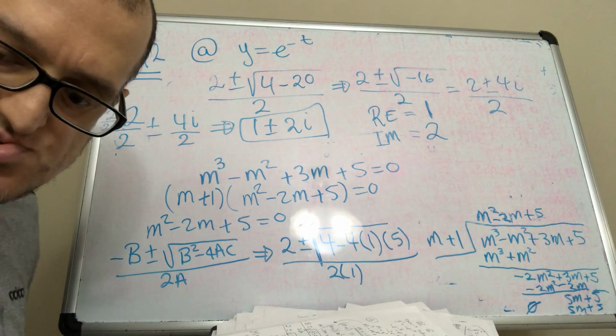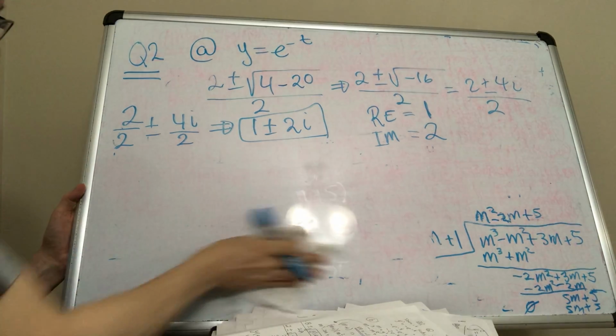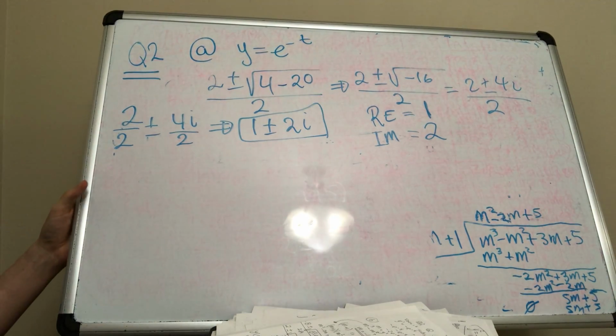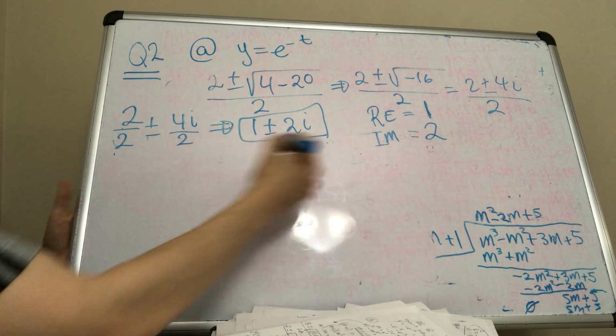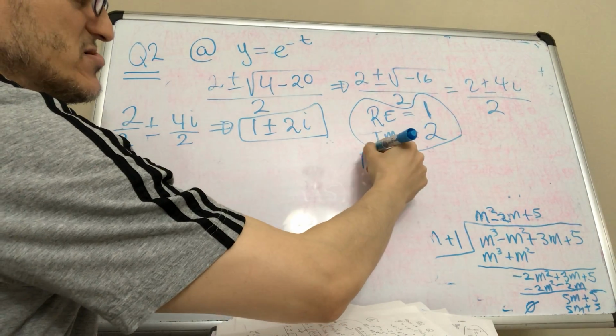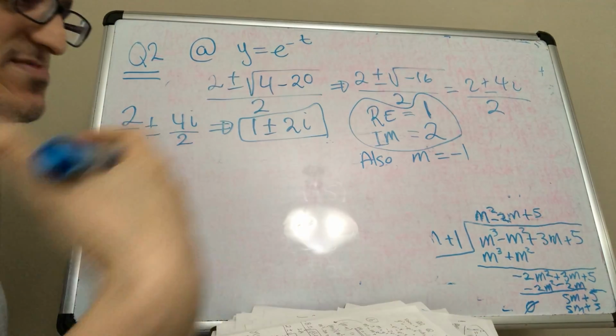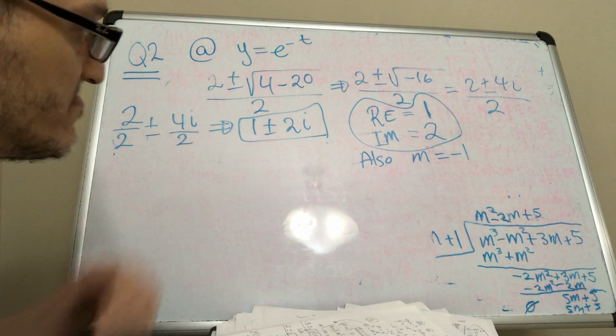Okay, so what's the solution? We know this now, and also we know m could also be negative 1 from the given part.